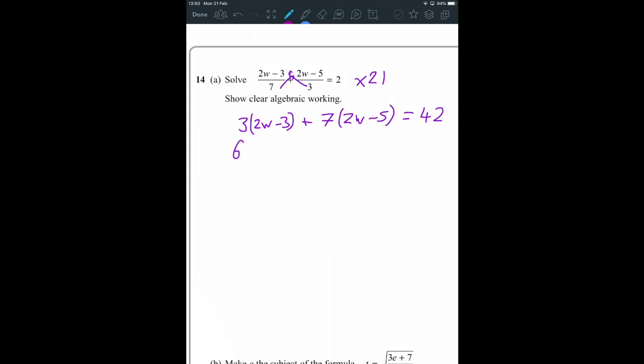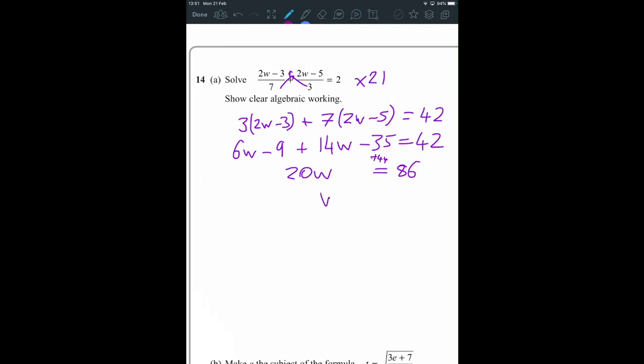Multiplying out our brackets, this is very similar to a much earlier question where we expanded and simplified. Collecting like terms, I've got 20w. I've also got a -9 and a -35, which I'm going to put to the other side. So I'm going to add both of those on, so that's an add 44.